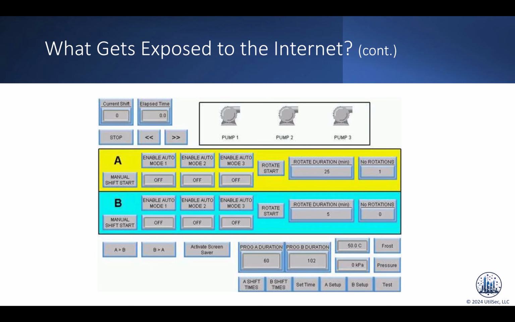This took 5 seconds to find, literally. And again, we'll talk about that in a couple of different ways. You can find control systems connected to the internet, whether you're using a traditional search engine like Google or one specialized for control system environments like Shodan that you might have heard about.